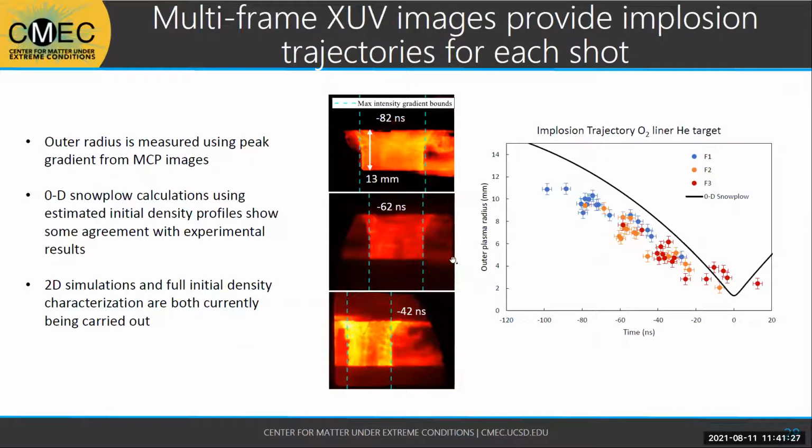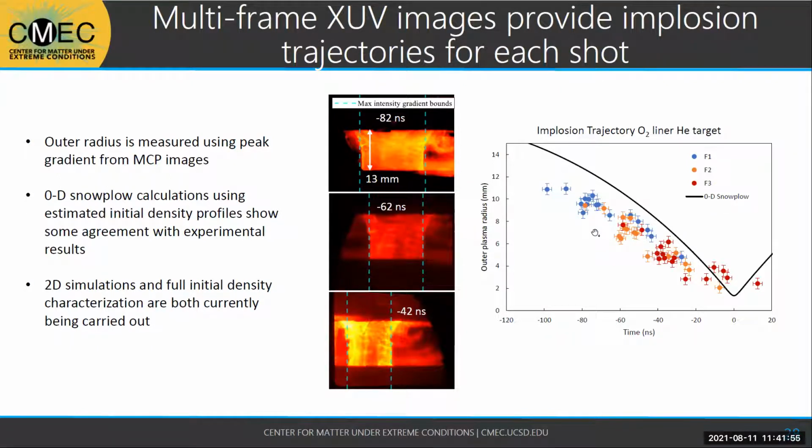So this is just one example of the implosion trajectory we can get on CESZAR. These are gated images about 20 nanoseconds apart from each other. And similar to the Weissman data, we can actually plot all of those images over time. And I did some preliminary 0D snowplow calculations to see how well that matched up, just to get a ballpark.